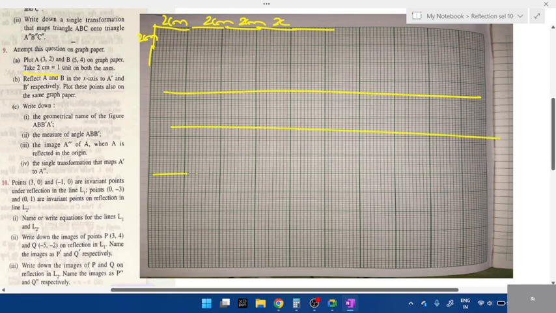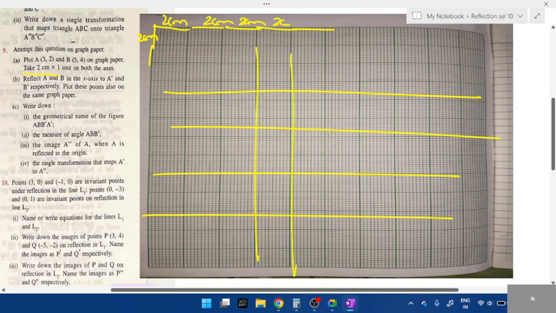Look here. All of you look at the screen. 2 centimeter is 1. If you use your scale, each box will be 2 centimeters. That's the meaning. This will be 2 centimeter. This will be 2. In the same way, everything is 2 centimeter. And all the flat lines are x-axis.